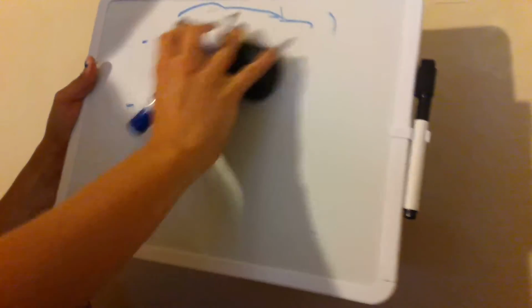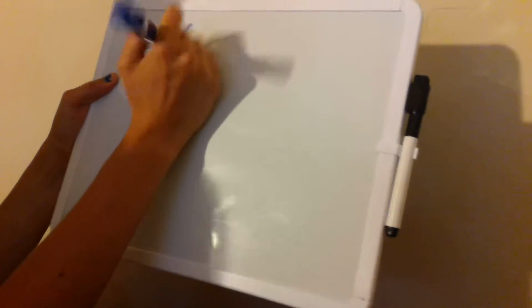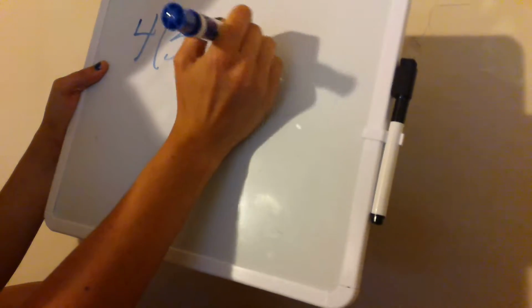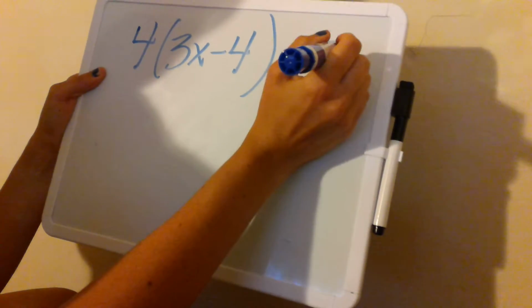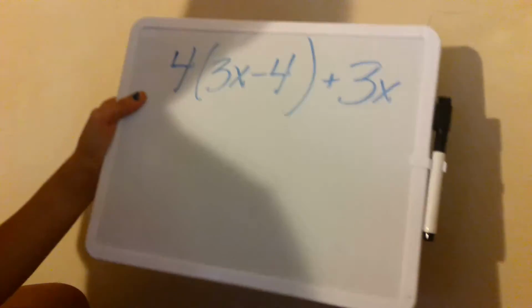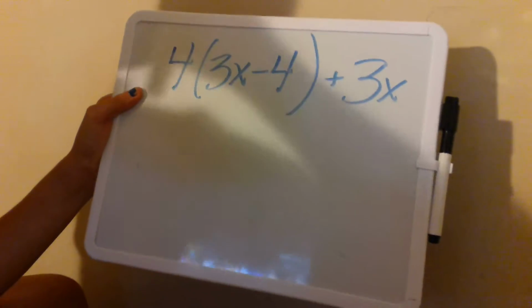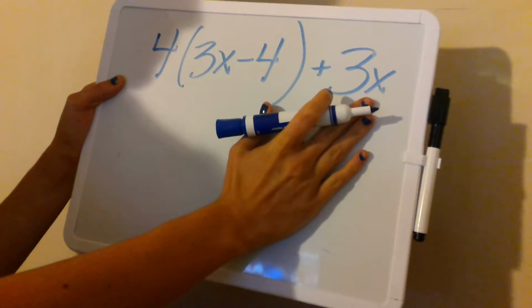Finally, the last problem that you might see is we've got our number outside of our parentheses, and then maybe we have another term on the outside. Okay, so the 4 is only getting distributed to anything in the parentheses. So the 4 does not multiply the 3x because it's not in the parentheses.